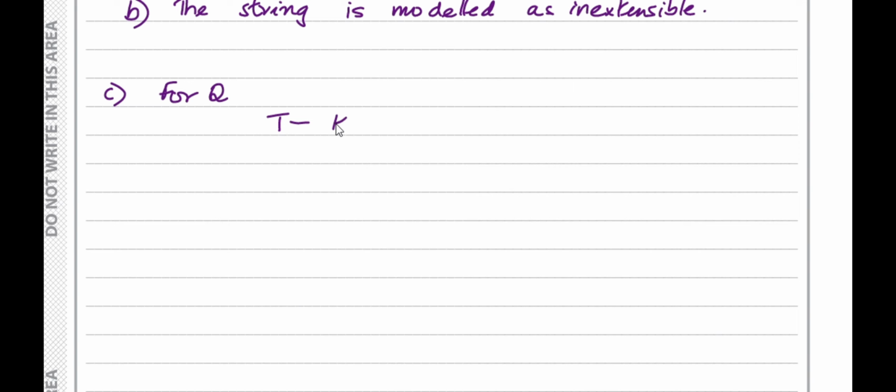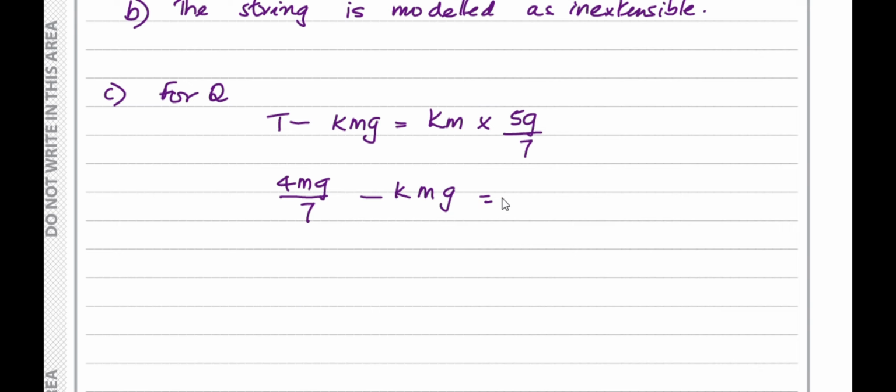So T minus kmg is equal to its mass, which is km, times the acceleration, which we know is 5g over 7. And T also is known to us because we calculated it. 4mg over 7 minus kmg is equal to km times 5g over 7.